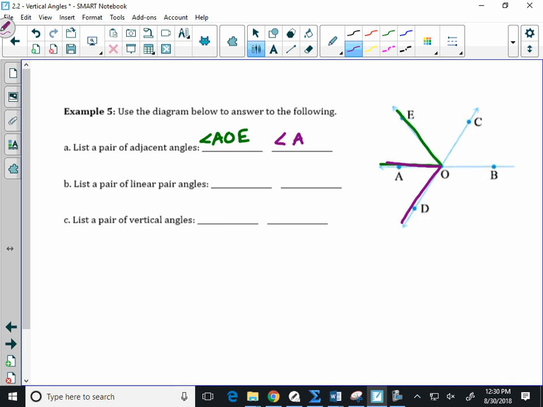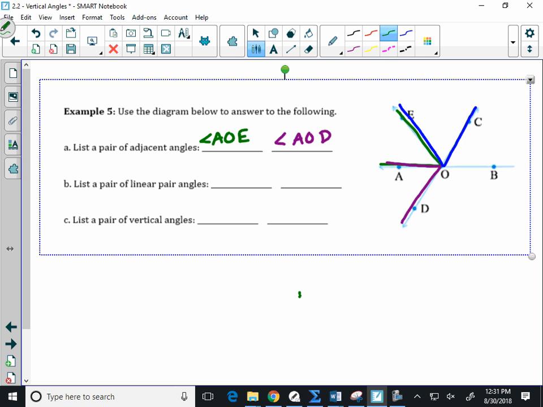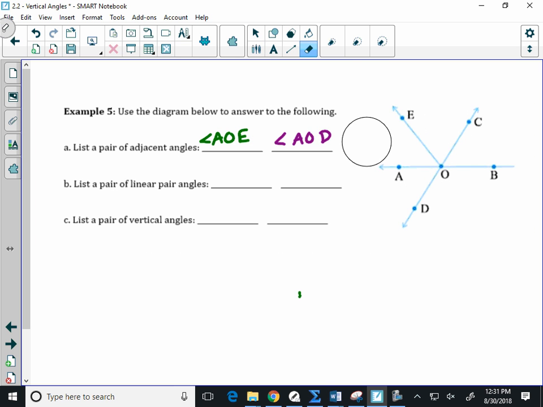AOD. They're right next to each other. They're sharing a side, but then you have the other side going in a different direction. What would be another angle you could have said? Kenzie? EOC. That's also adjacent to the green angle. List a pair of linear pair angles.